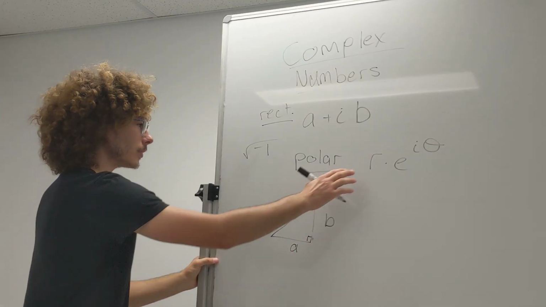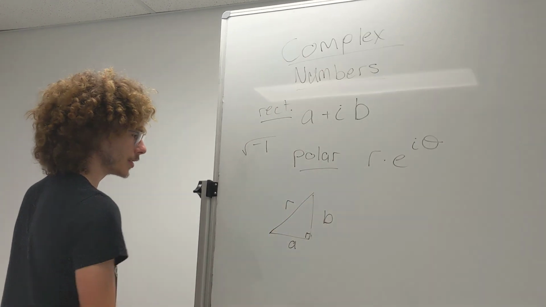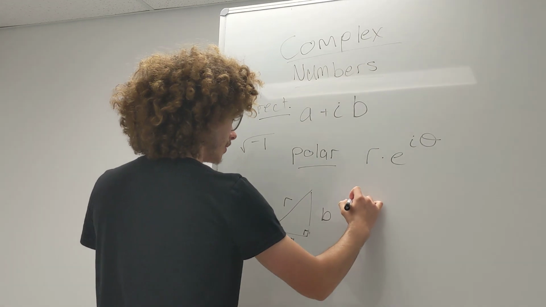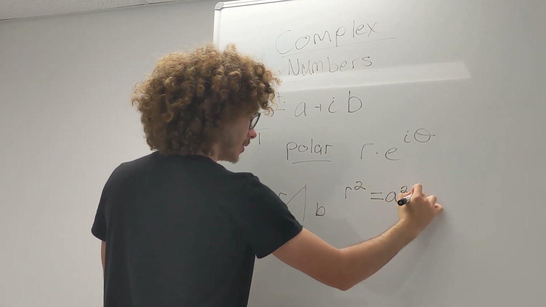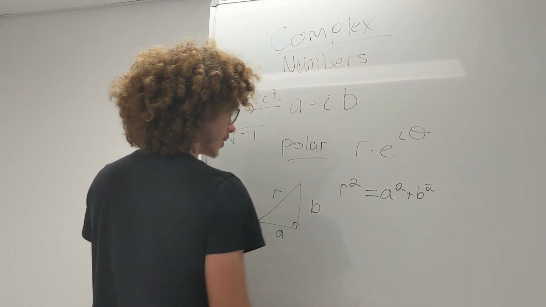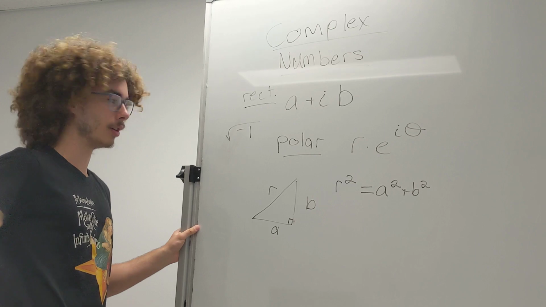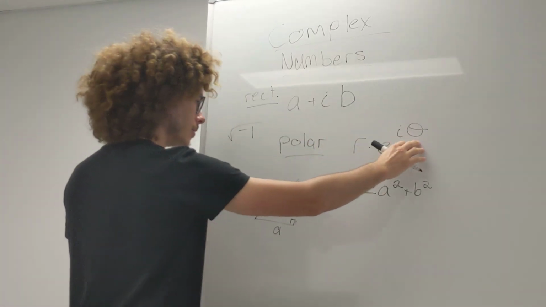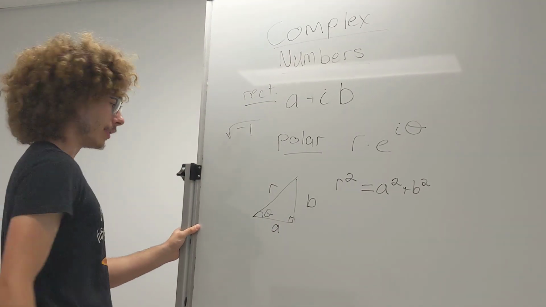First of all, r is the length of the hypotenuse of this triangle, which you know from Pythagoras' equation, r squared is a squared plus b squared. So we can easily just square root both sides, and then you have your magnitude of the complex number to put here in the polar form, and the angle will be this one here.